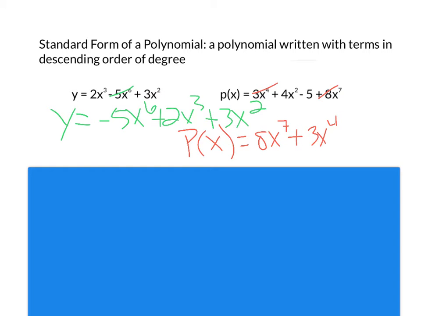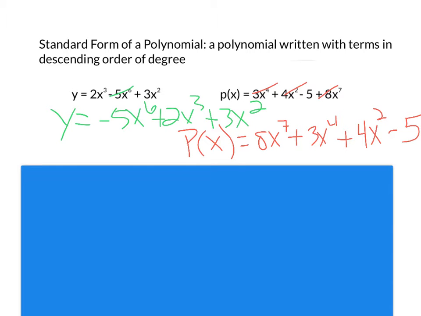After the 4, the next highest degree is 2, so we'd have plus 4x squared. And the lowest degree is 0, so we would end with our constant term, negative 5 at the end. Now both of these polynomials are written in standard form. Take a moment to pause this video, write down the definition and the examples.